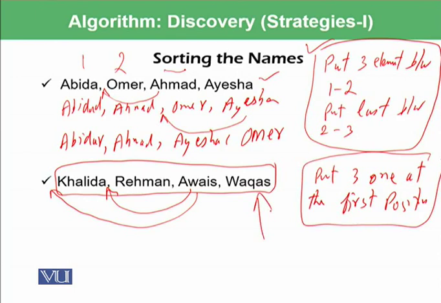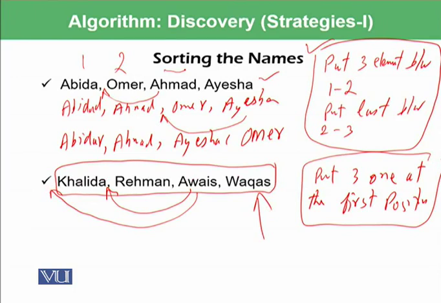Similarly, there could be a number of other names which can come, and you are nowhere near making them properly sorted. So this means you need to find an algorithm which is actually the sorting algorithm. What the sorting algorithm does is find the name that should come at the first location.